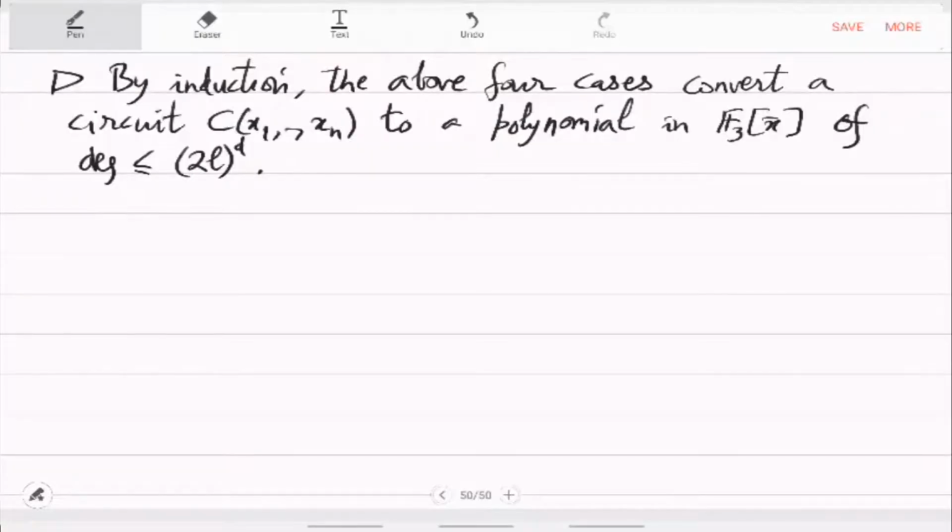D is a constant. So that is the degree bound on the final polynomial.